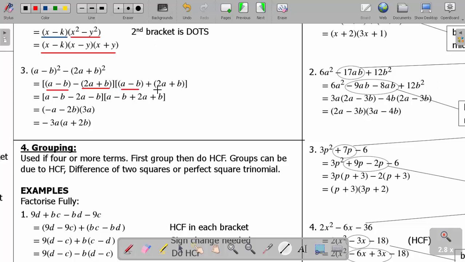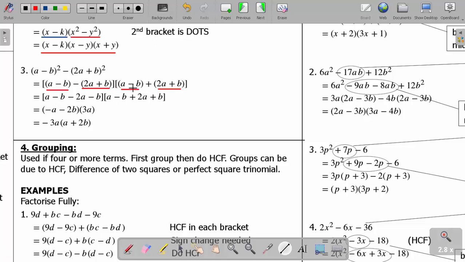Are we together? Then from here now I can simplify within the brackets. Minus 1 times 2a gives minus 2a. Minus 1 times b gives minus b. So now a minus 2a gives me minus a, minus b gives me minus 2b. What about here?